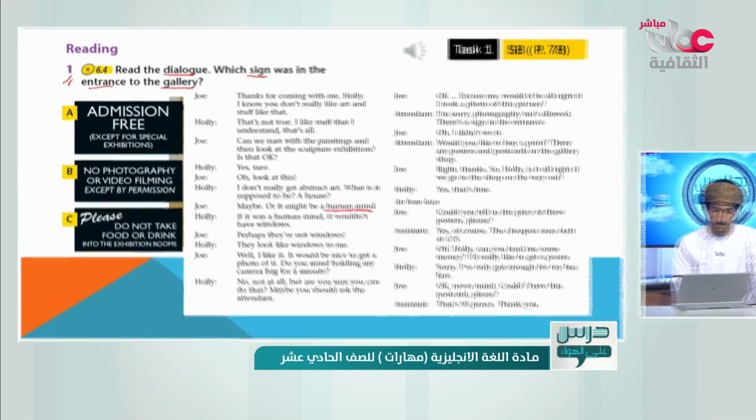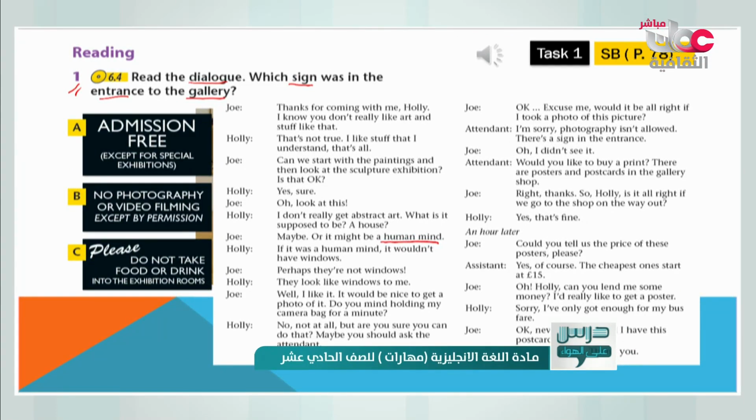Excuse me, would it be all right if I took a photo of this picture? I'm sorry, photography isn't allowed. There's a sign in the entrance. Oh, I didn't see it. Would you like to buy a print? There are posters and postcards in the gallery shop. Right, thanks. So, Holly, is it all right if we go to the shop on the way out? Yes, that's fine.